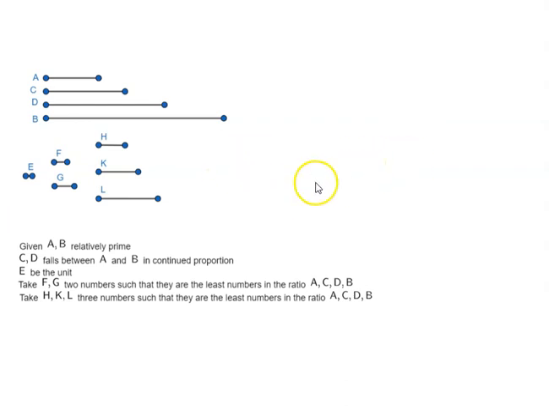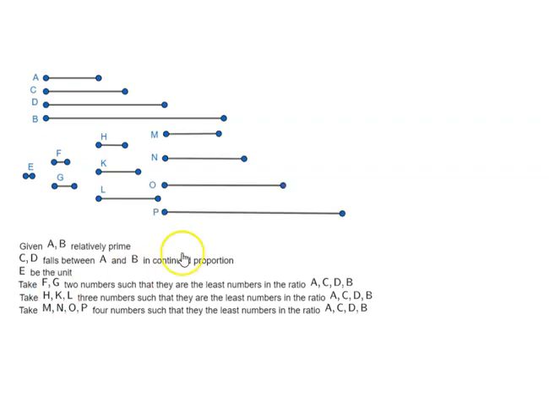Now, till when do we keep doing this? Till we get four numbers, because we have A, C, D, B, four numbers. So we keep generating. Take M, N, O, P, four numbers such that they are the least numbers in the ratio A, C, D, B. So let's bring in M, N, O, P.